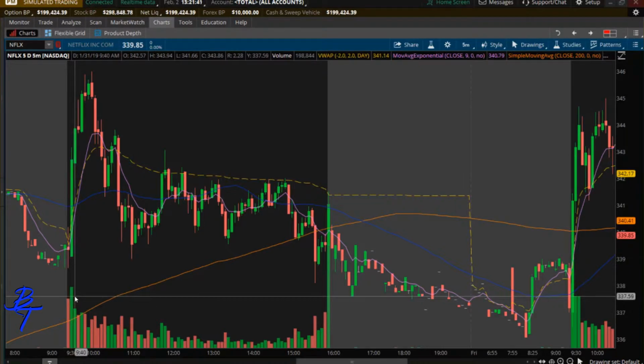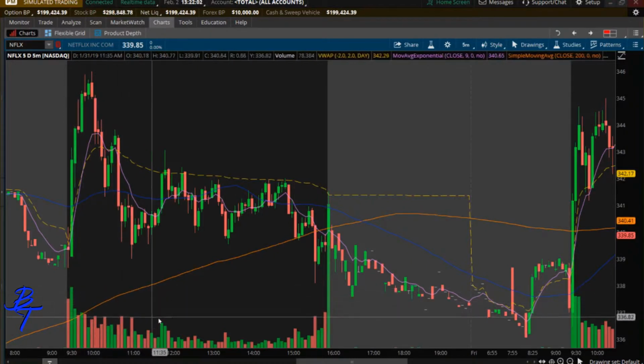Then the next bar is a green candle, so the volume bar is green too, and the volume at the top is 198,844 shares. As you go along, you see them getting smaller and smaller.